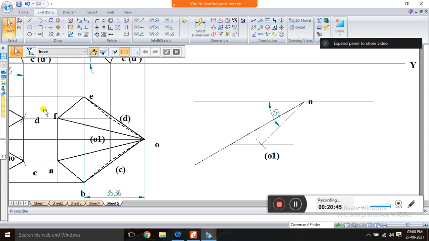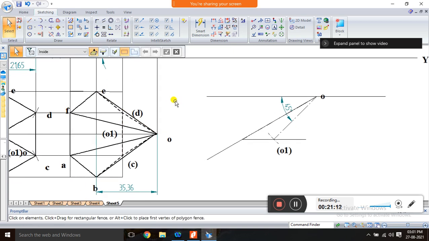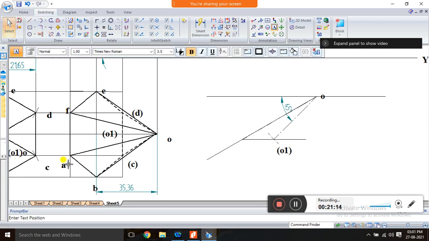Clear? So for that I told you to use the box method. Use the box method. First you have to create the box, and give the naming for that box. This is 1, this is 2, 3 and 4.